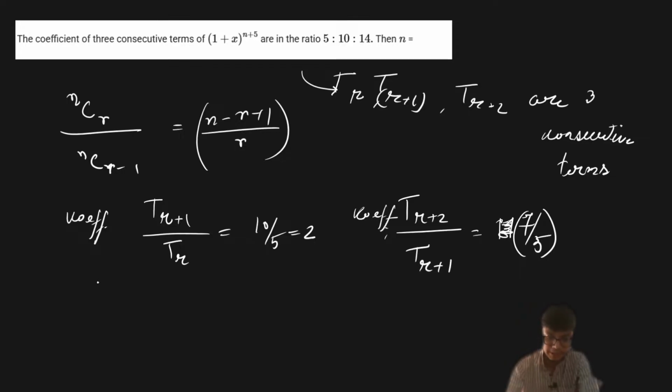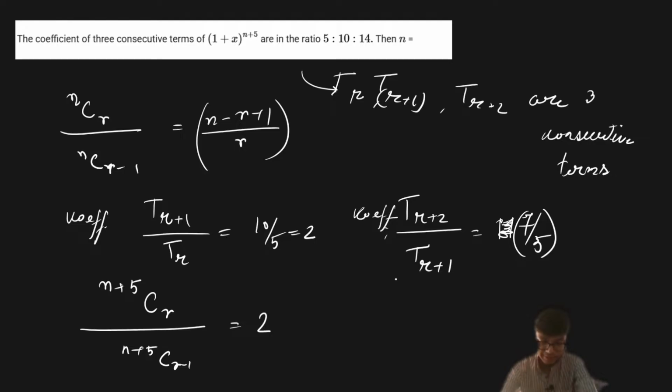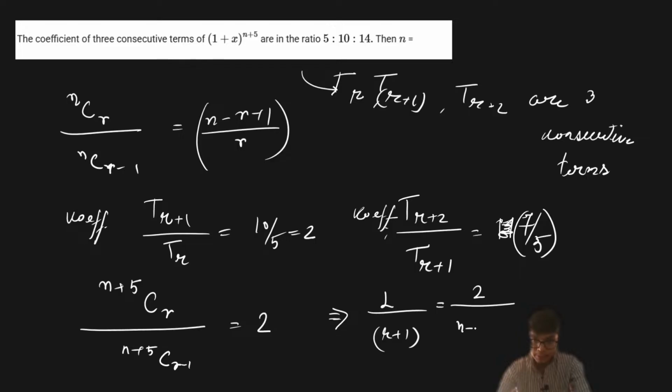Okay, so the coefficient of t(r+1) is going to be n+1 C r, divided by n+1 C (r-1), and that is equal to 2... Now from this I'm going to simplify it further, and I will get one equation of the form 1 by r plus 1 is equal to 2 upon n minus r plus 5.